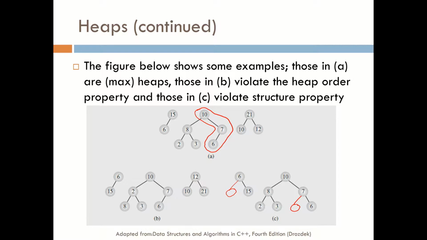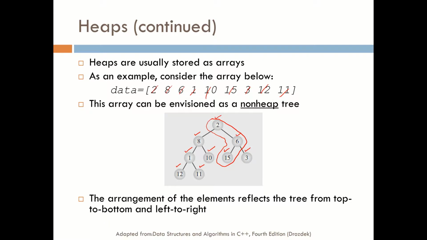If we were to take a look at another one of these, we see that there is also a partial order there. 10 is greater than or equal to 8, and 8 is greater than or equal to 2. But what we're saying is that there is no relationship between the 2 and the 3, or the 2 and the 6, or the 3 and the 6. There is no relationship between the sibling nodes or other nodes that are at the same level.